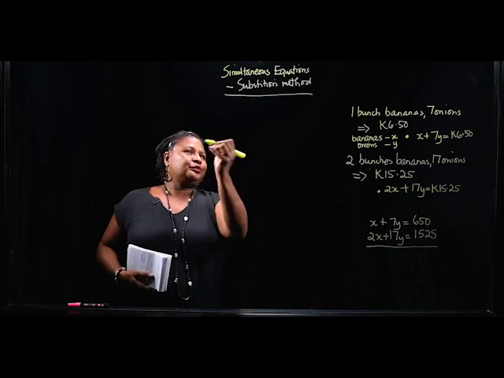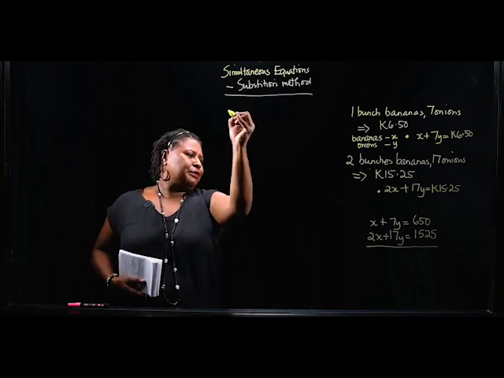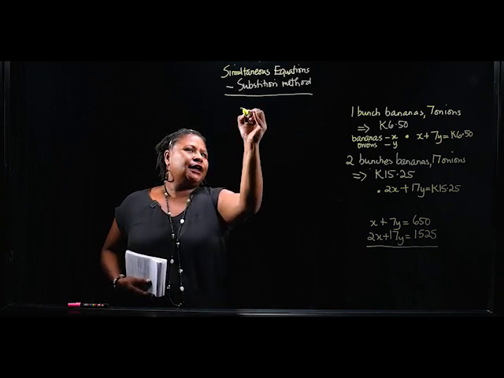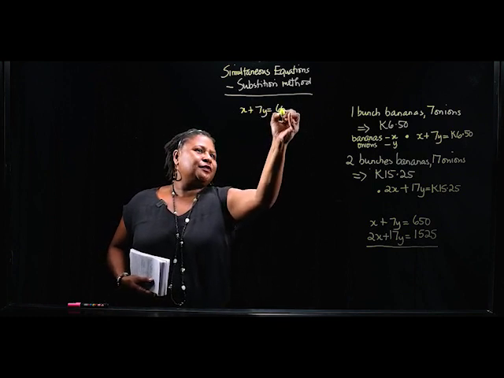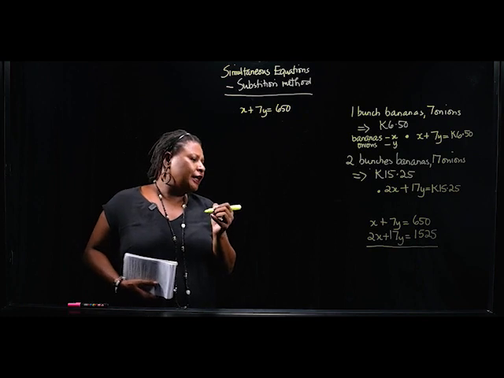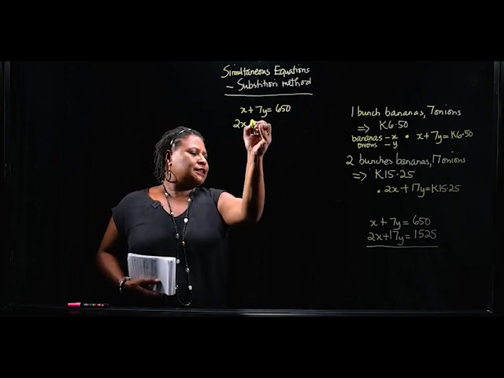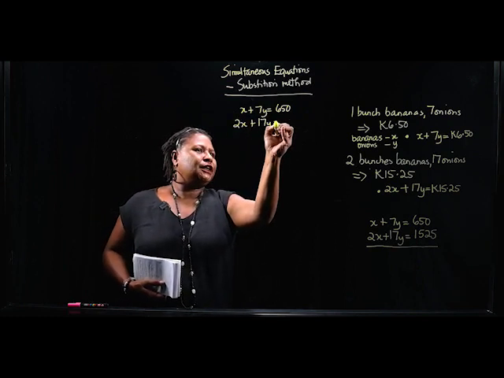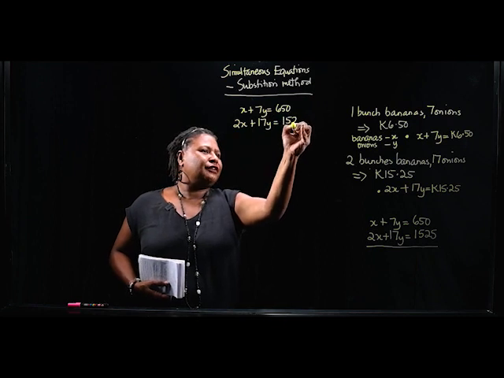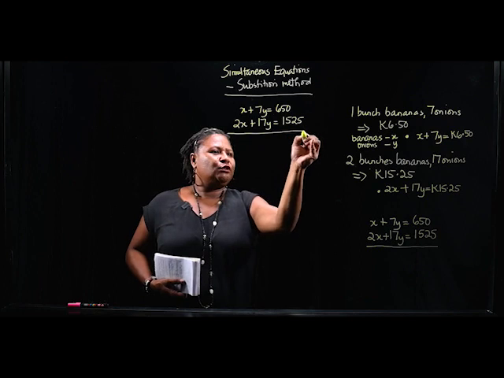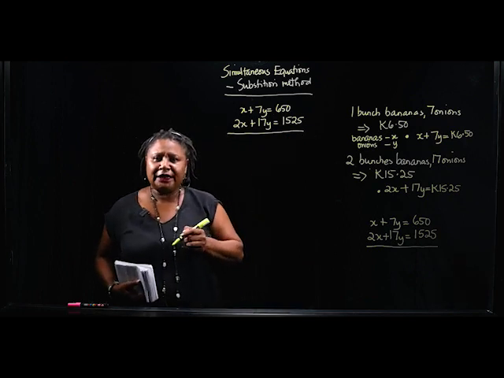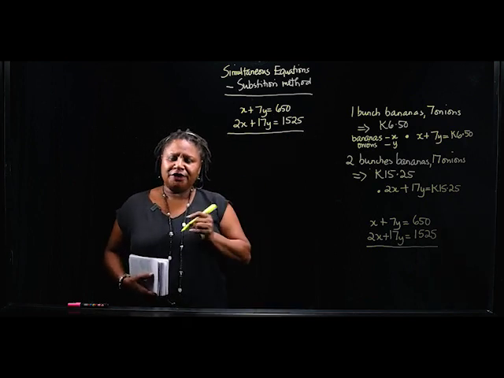So let's rewrite our equations up here. We have x plus 7y equal to 650, and we have 2x plus 17y equal to 1,525. Now we need to find a variable that we can make the subject of the equation.